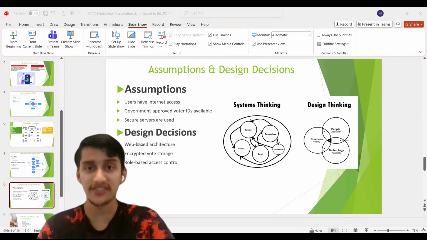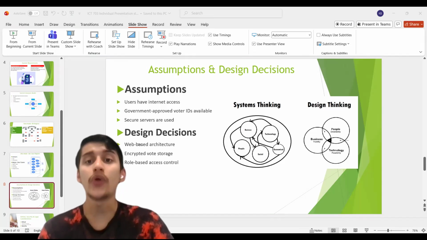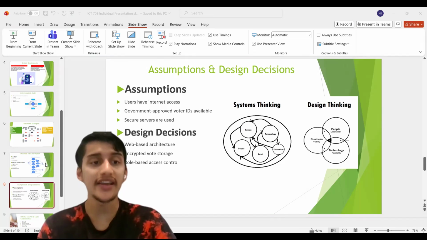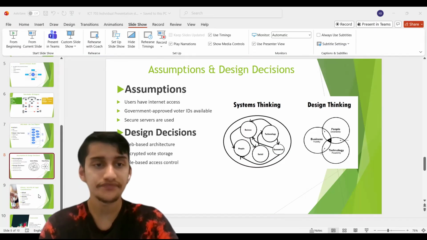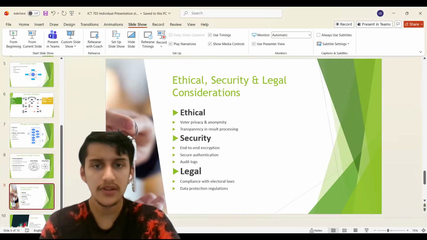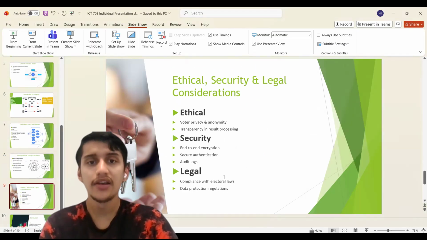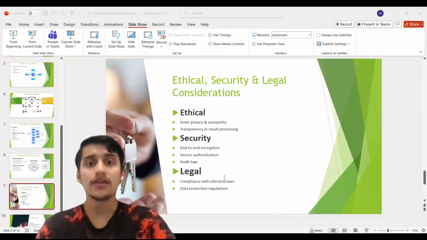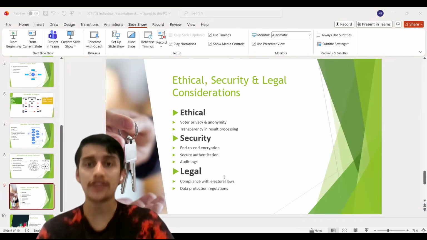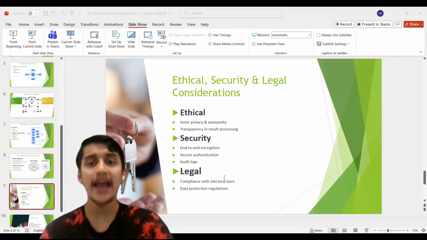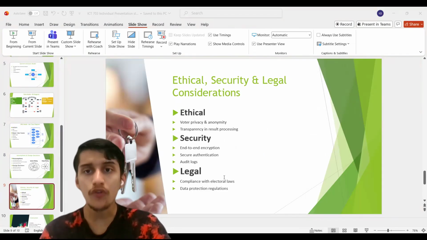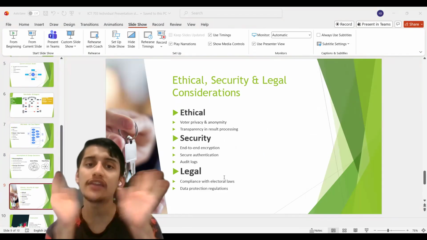Because this is a voting system, it is also important to address ethics, security, and legal compliance. From the ethical perspective, the system must ensure voter privacy and anonymity, so votes cannot be linked back to individuals.